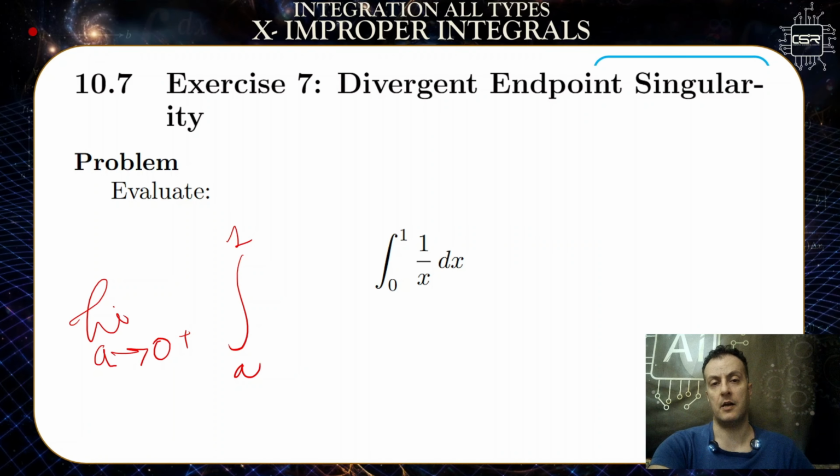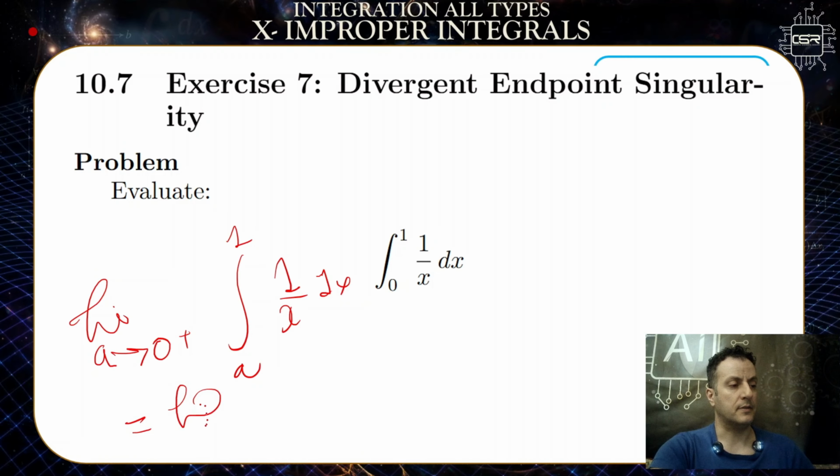It blows up the entire equation. This is why we need to replace it by a and evaluate the limit as a approaches 0 of 1 over x dx. The integral of dx over x gives us ln x, logarithm.